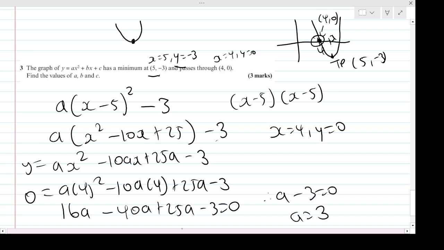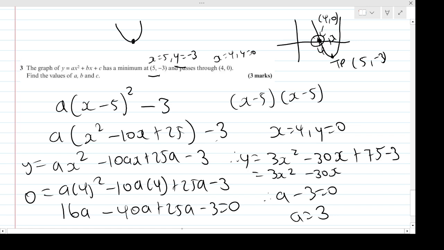And there we are. Then I could just plug in a into here, so therefore y is ax squared, which should now be 3x squared, minus 10a lots of x, well 10 times 3 is minus 30x. And then 25 lots of 3 is going to be plus 75, minus 3 at the end. And then I could bring the numbers together to get 3x squared minus 30x plus 72.